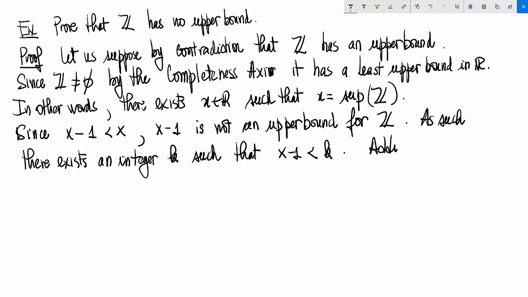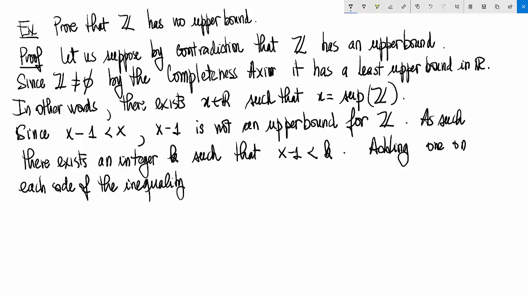Now adding 1 to each side of the inequality x minus 1 is less than k yields that x must be less than k plus 1, which is an integer.